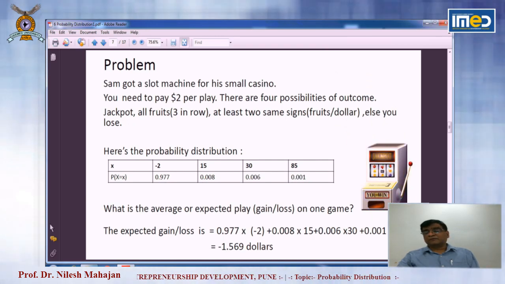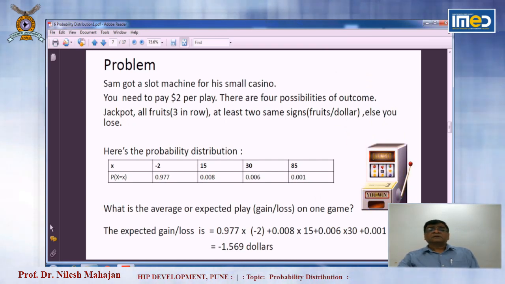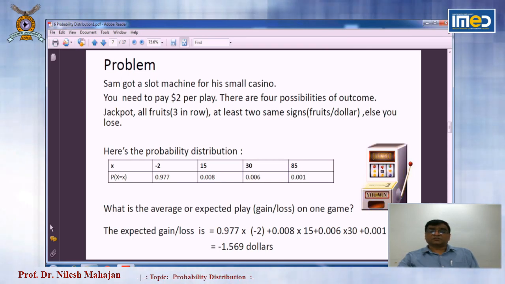Now I give one more problem here. Sam got a slot machine for his small casino. You need to pay $2 per play. There are 4 possible outcomes: jackpot, all fruits 3 in a row, at least 2 same signs, fruits slash dollar, else you lose.